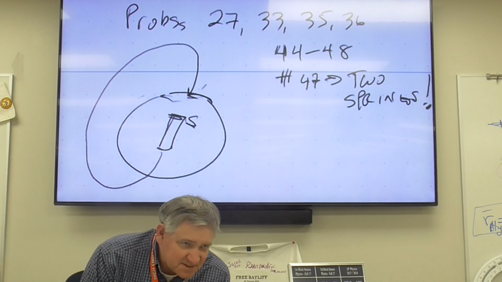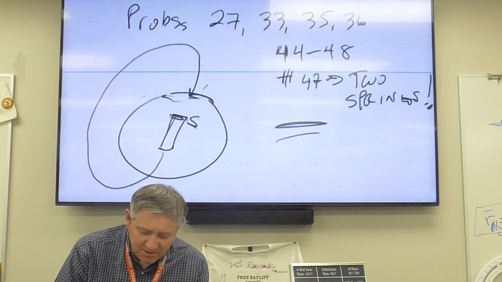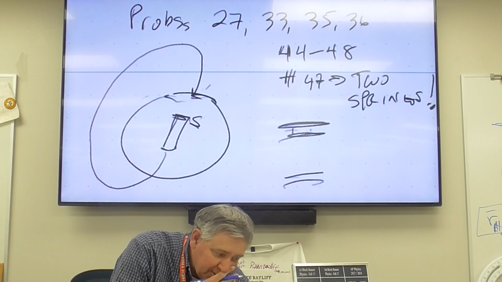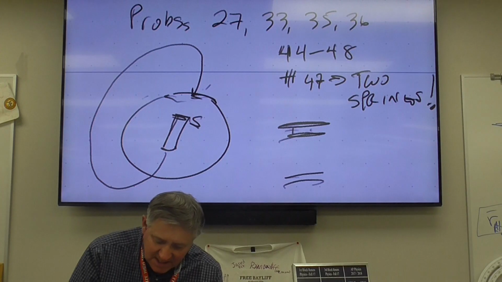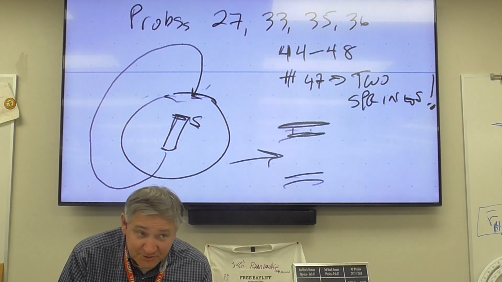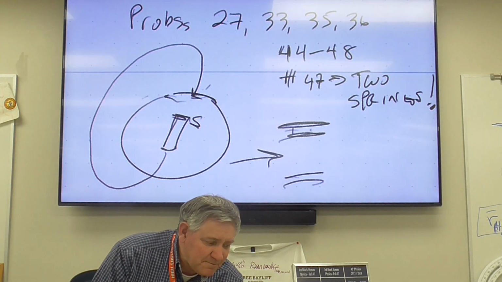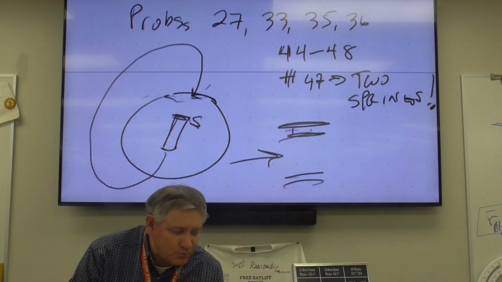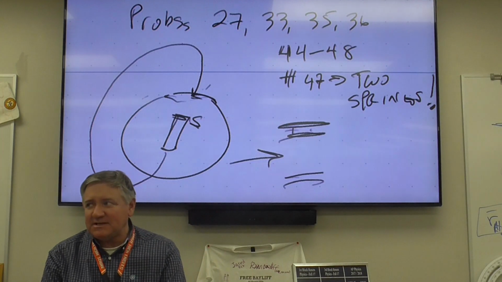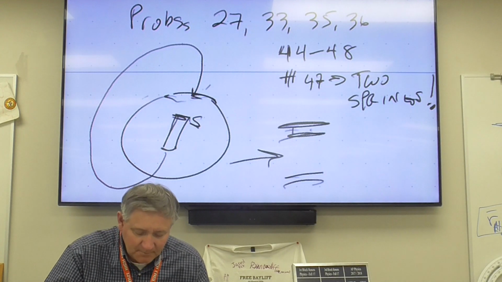46 involves electric fields. You have a positively charged plate at the top and a negatively charged plate at the bottom. You're shooting an electron through an electric field. It says, what magnetic field strength and in what direction will allow the electron to pass between the plates without being deflected? So start with this idea.